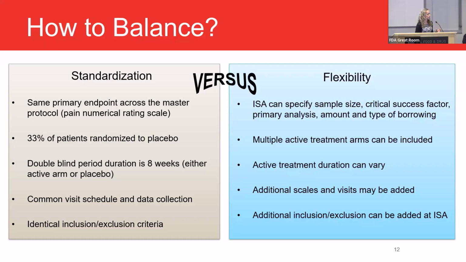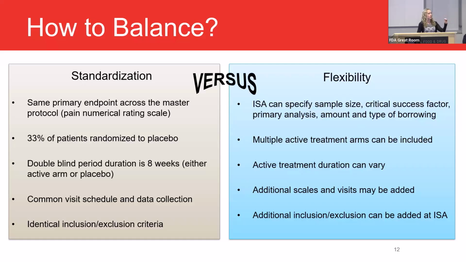There is a double-blind period of 8 weeks, but on the other hand, if we have a molecule that's coming in that is not able to be studied for 8 weeks, we had the flexibility to allow it to be studied for 4 weeks, and then it would be double-blind placebo for the final 4 weeks, just maintaining that same treatment duration. Again, common visit schedule and inclusion criteria, but from a flexibility standpoint, the ISA can specify sample size.